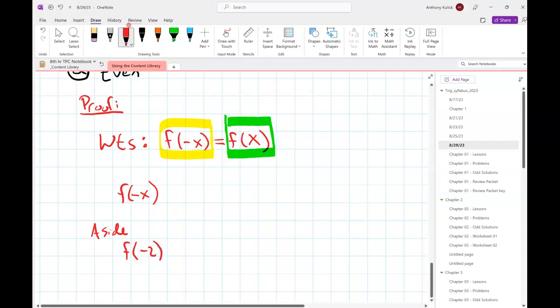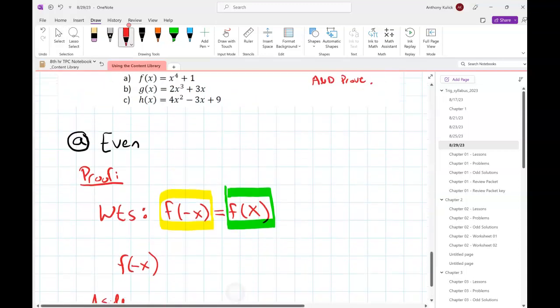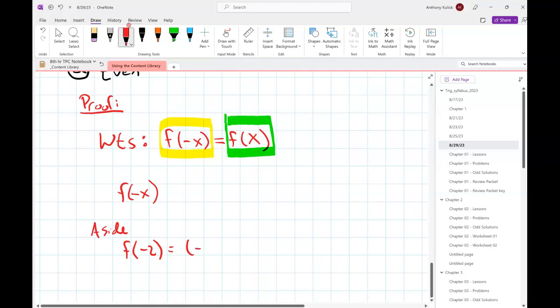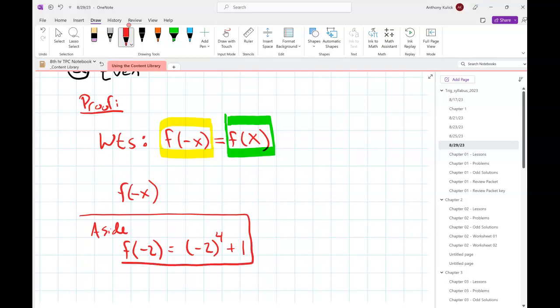What if I just had you do f of negative 2? What does that tell us to do? Exactly, we're going to plug negative 2 in for the x value. Our function was x to the 4th plus 1, so we'd replace the x's with negative 2's, right? So if I have f of negative x, what should I do?